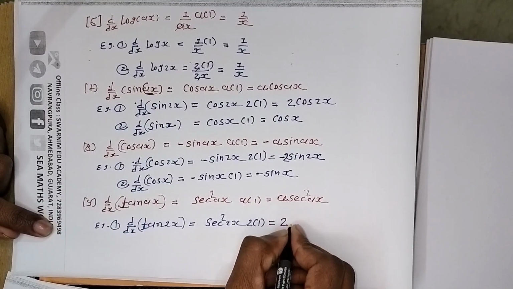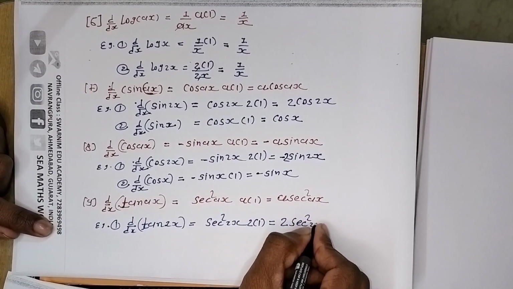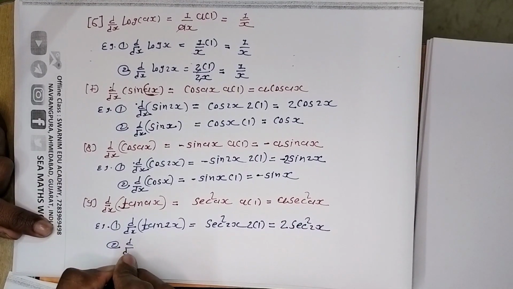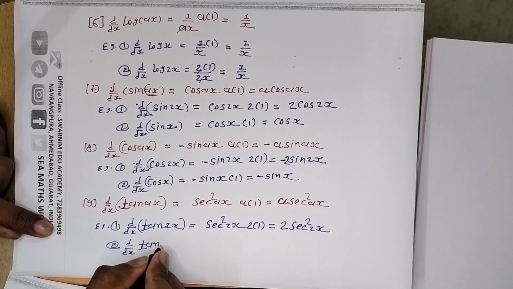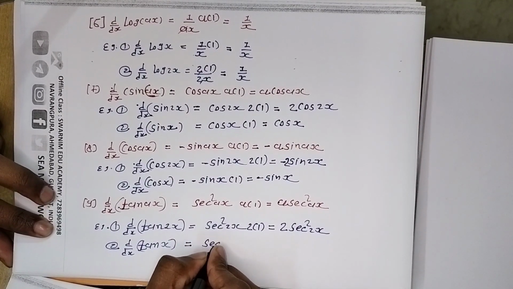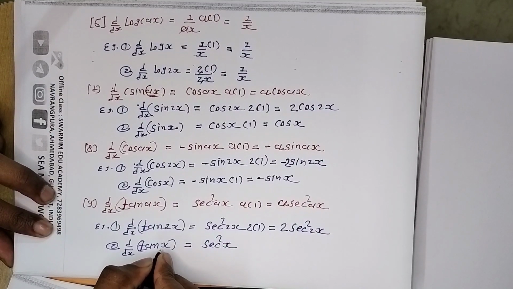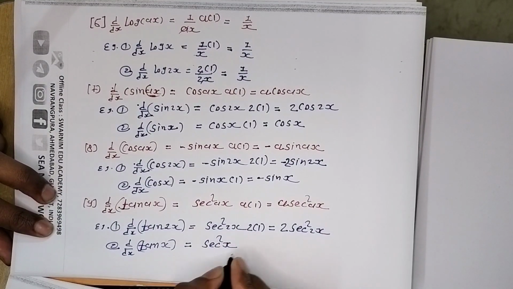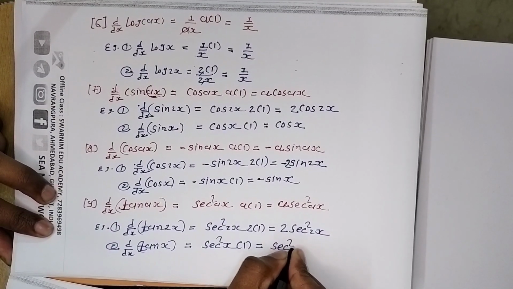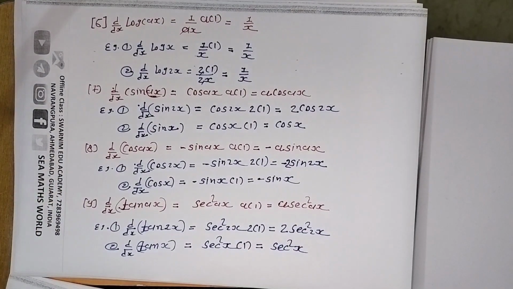So finally 2 sec square 2x. One more example: differentiation of tan x. Tan x differentiation will be sec square x. Then differentiate the angle, here x, so differentiation will be 1. So finally sec square x.